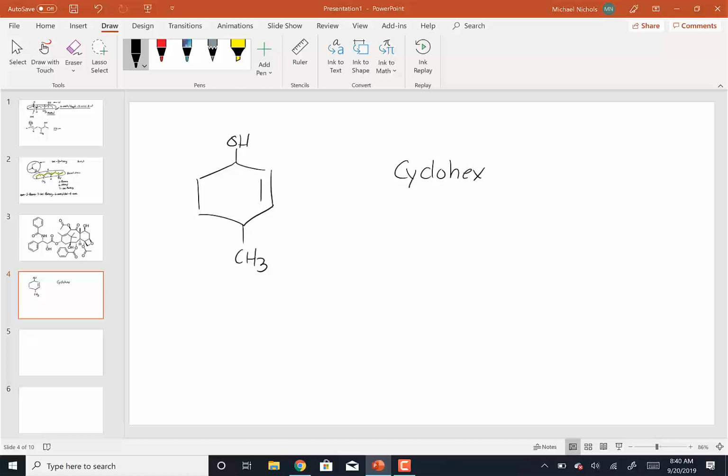So that means that when we have rings that have no high priority groups, nothing but alphabetization, that's when we use our lowest total sum of substituent numbers rules to come up with the naming. So if you have a ring with halogens, alkyl groups, and now alkoxy groups, lowest total sum of substituent numbers.